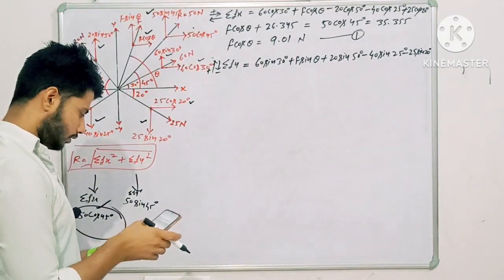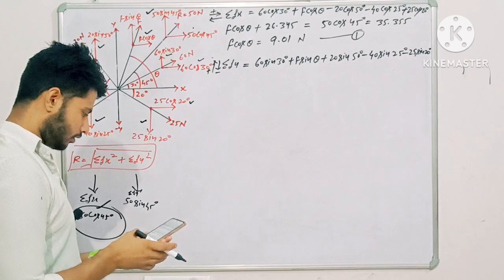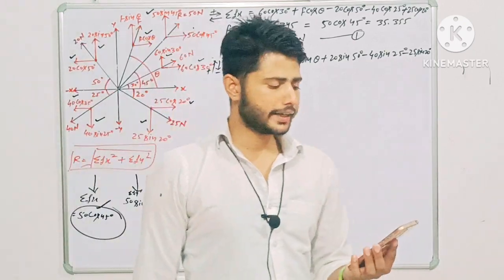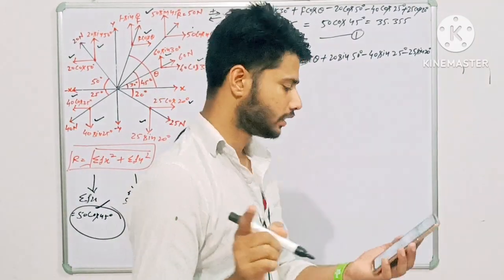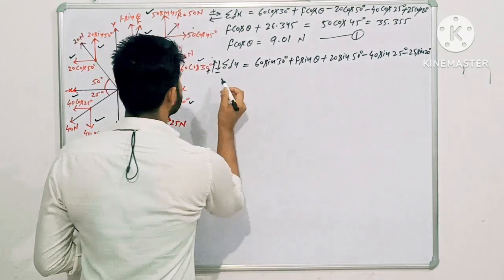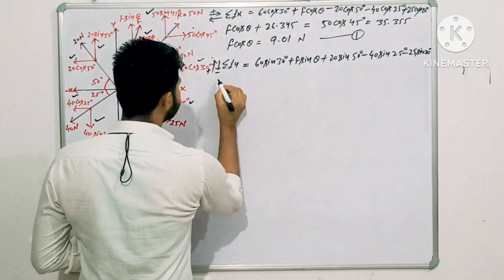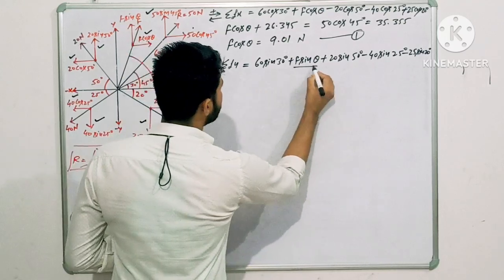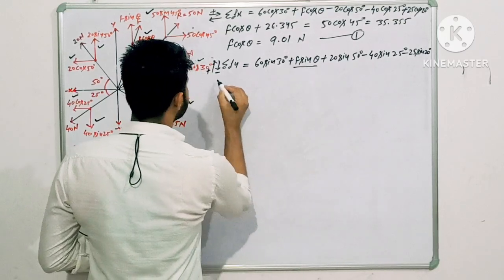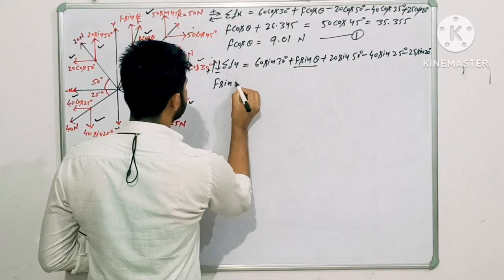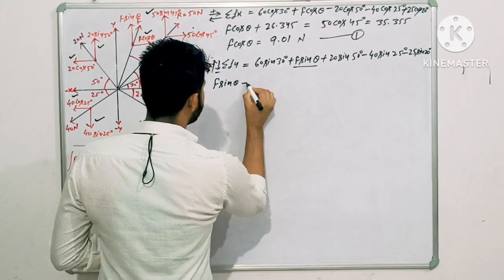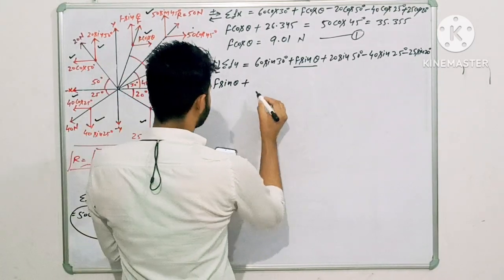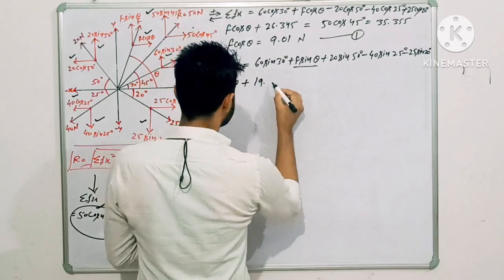Our answer is 19.865. So summation of Fy is equal to F sine theta plus 19.865.